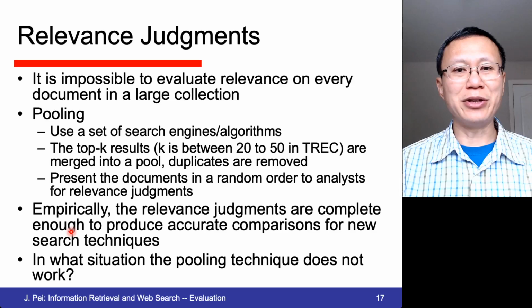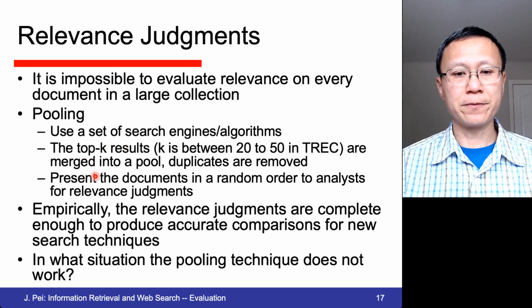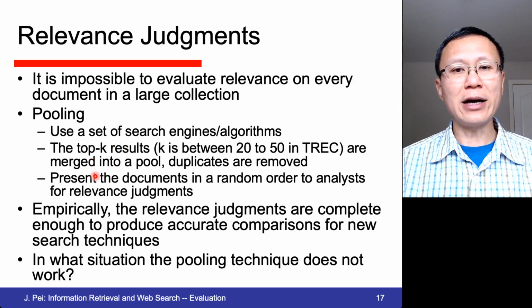Now, you have a new algorithm or new search engine that is very different from the other search engines and algorithms that make up this pool. It finds many relevant documents that are not ranked high by those search engines and algorithms in the pool.